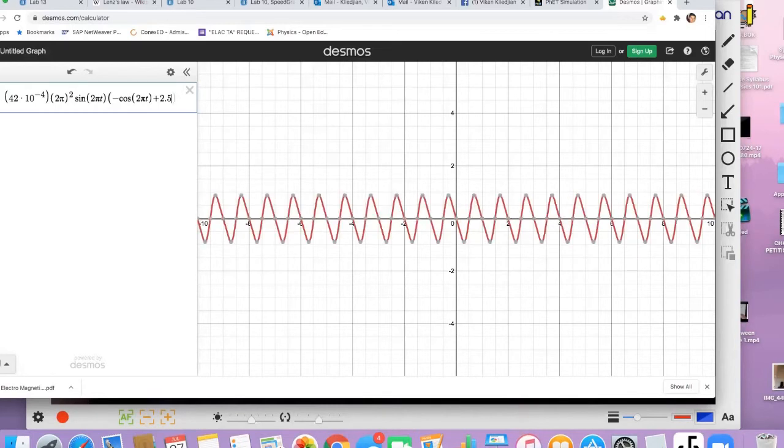So then if it's 2.5 centimeters, I'm going to have to add a times 10 to the minus 2.